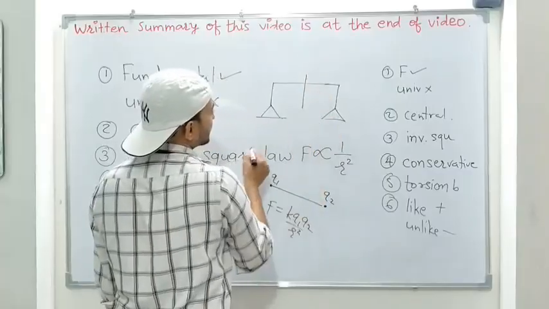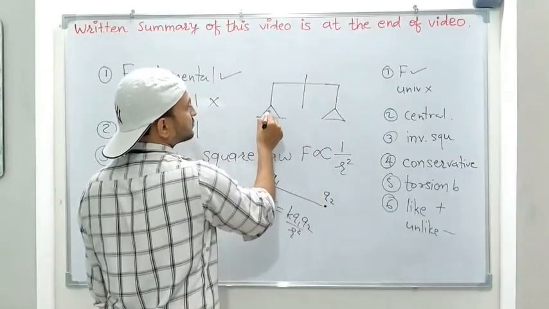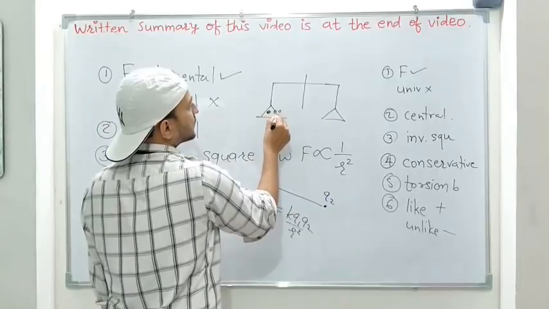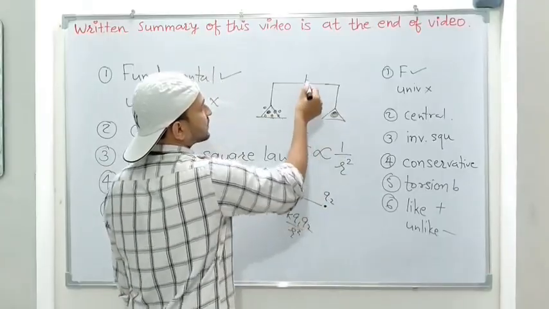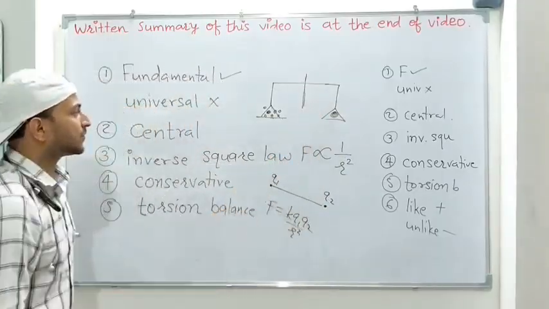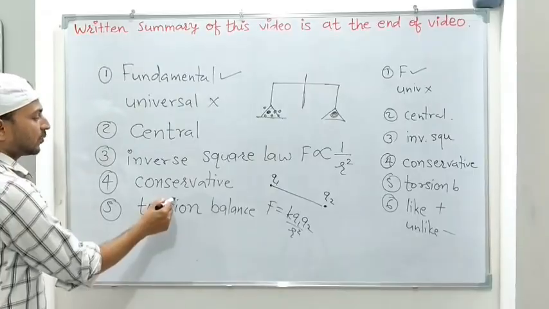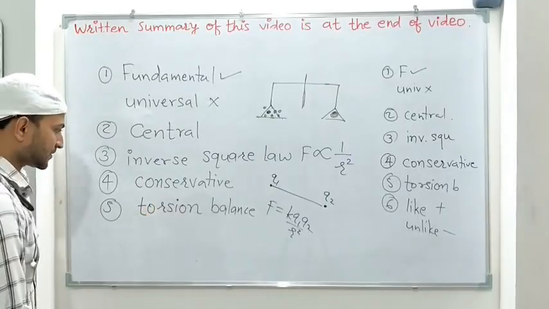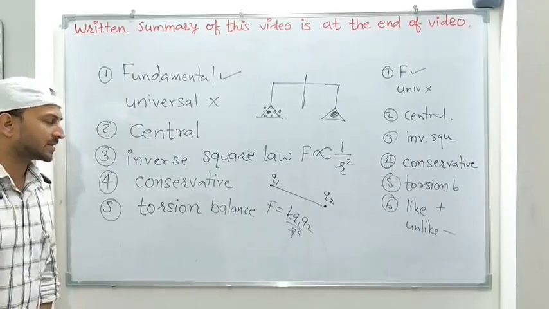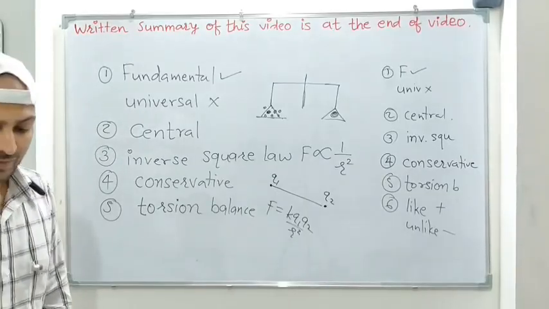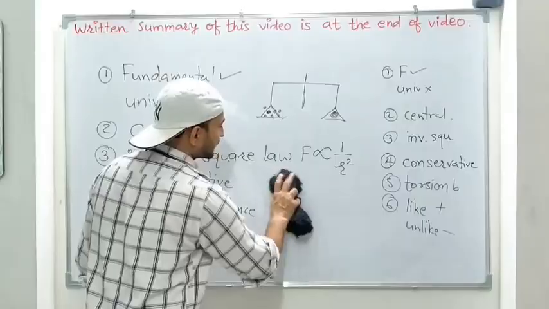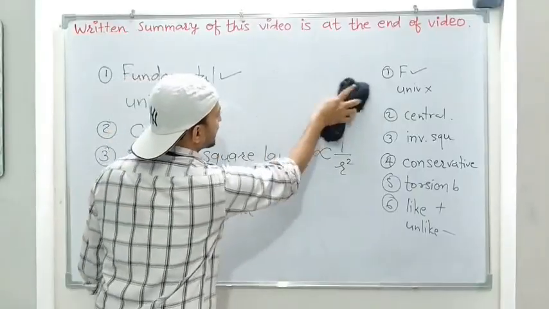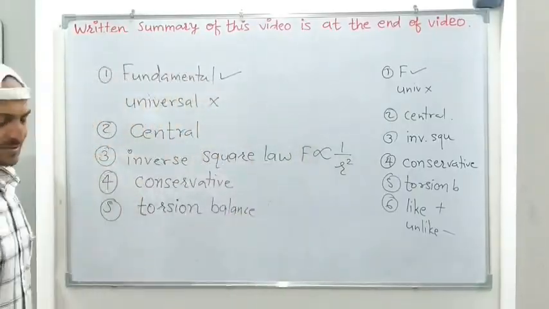This is a balance. 1 kg apple, 1 kg weight. So a tool used for measuring weight or mass is called a balance. Now what is a torsion balance? How does it work? How is the construction? Again, we won't discuss in detail because I don't think it is much useful. It is never asked.